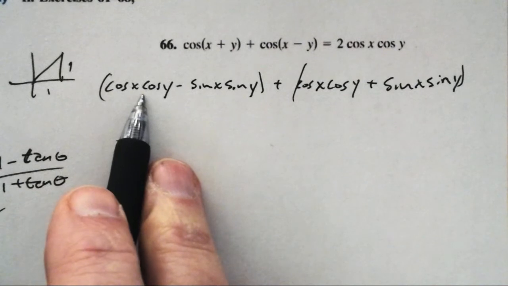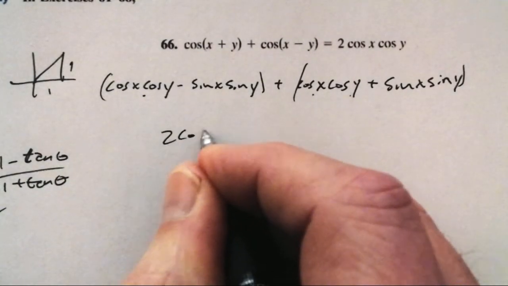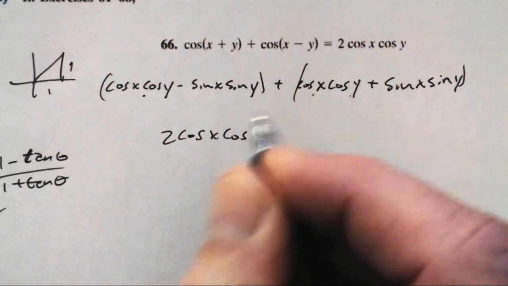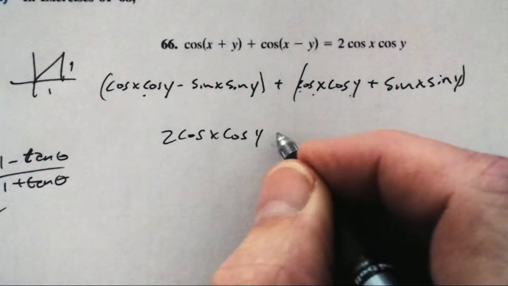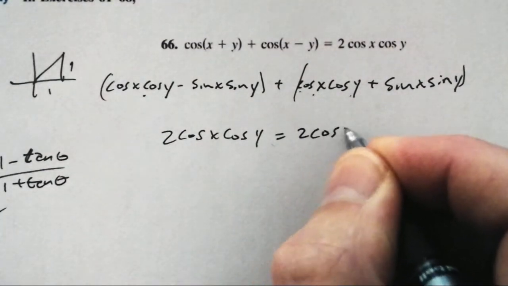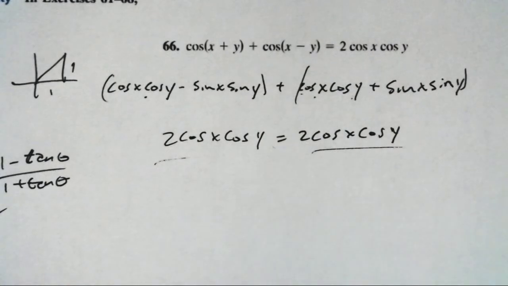And let's see, I got a cosine x, cosine y, and another cosine x, cosine y. I've got two of those apples. I got a minus sine x, sine y, but I've got a plus sine x, sine y. So those cancel. And all I got to do is be able to convince the reader that this equals this, and I think we can do that.